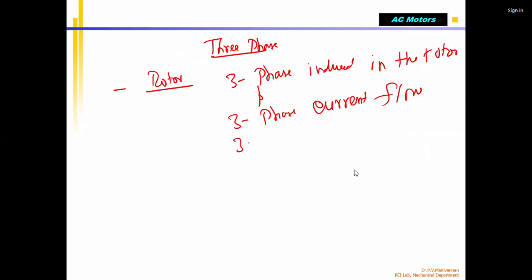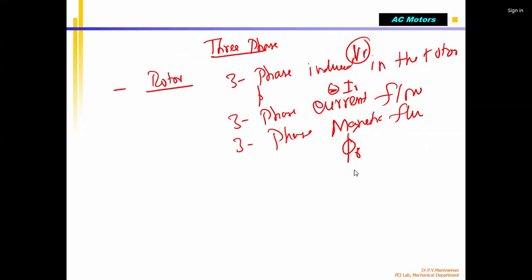Because of that, it creates again a three phase magnetic flux. I say that this is phi R of the rotor, this is IR, the rotor current, this is VR, the rotor voltage.